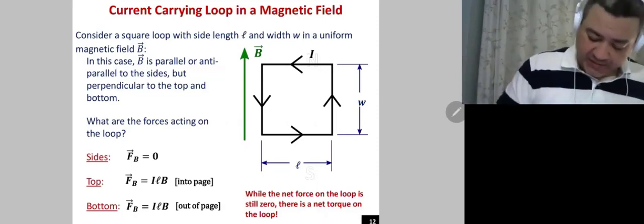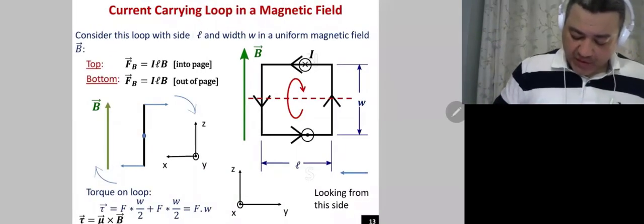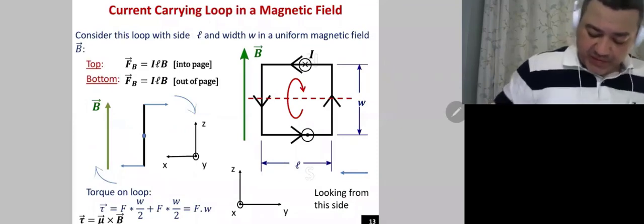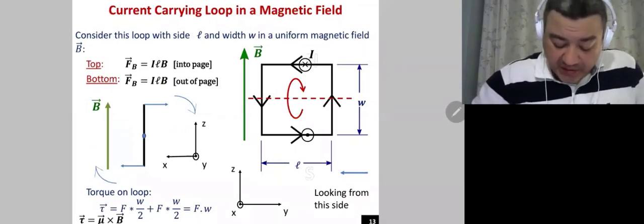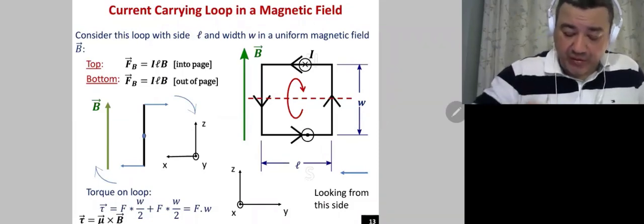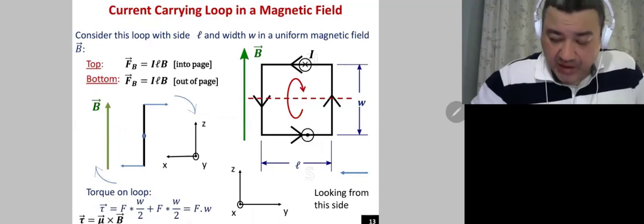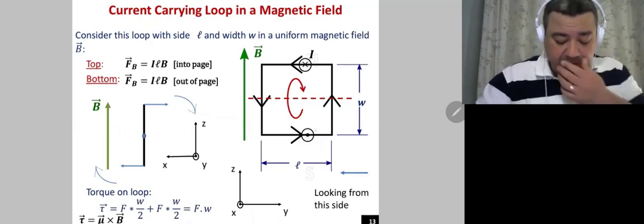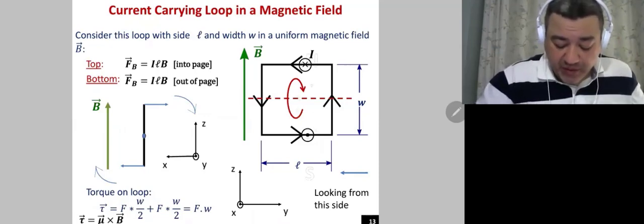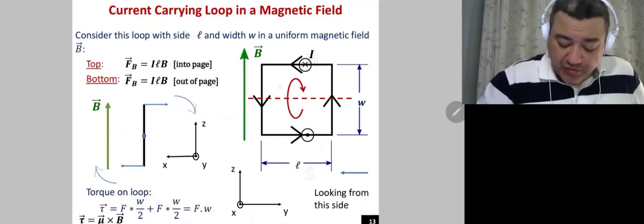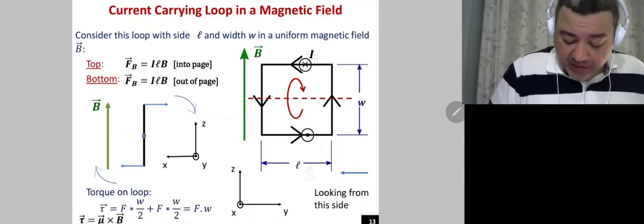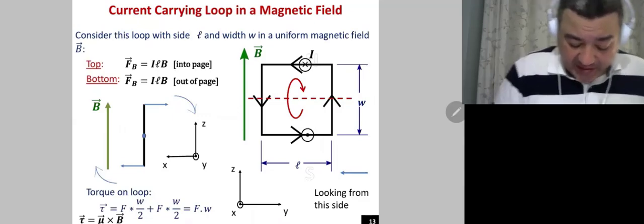Okay. Now, this is the loop that we were discussing, and we said that the top side has the force pointing into the screen, the bottom one out of the screen, and this is going to cause this loop, due to that torque, to rotate around this dotted line axis.